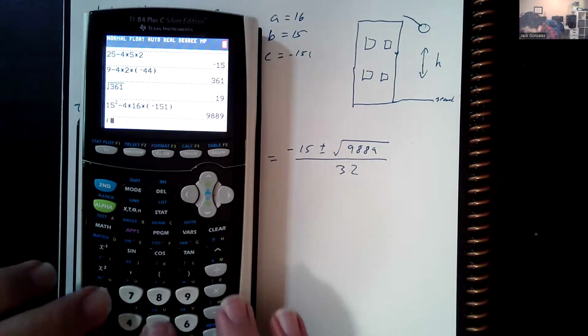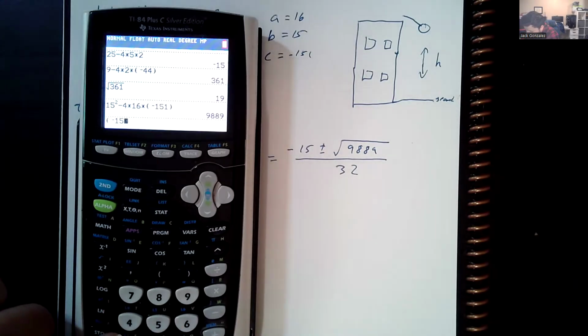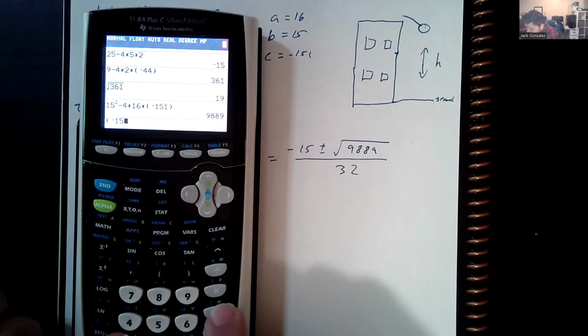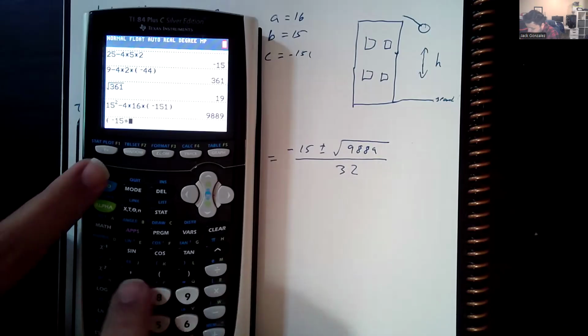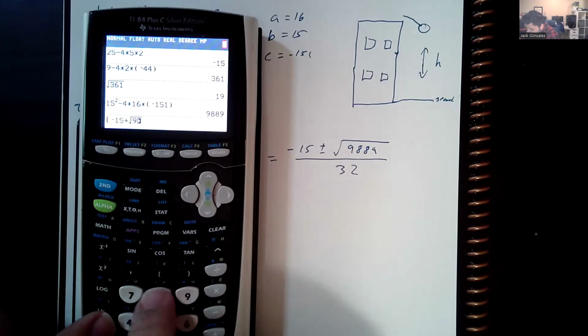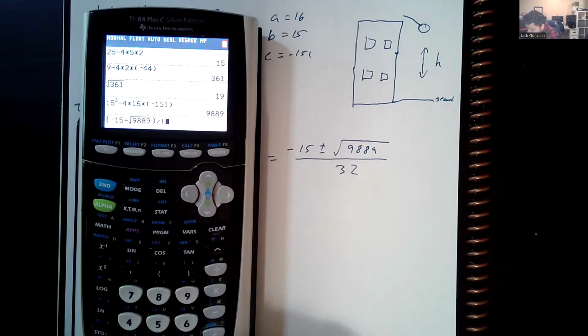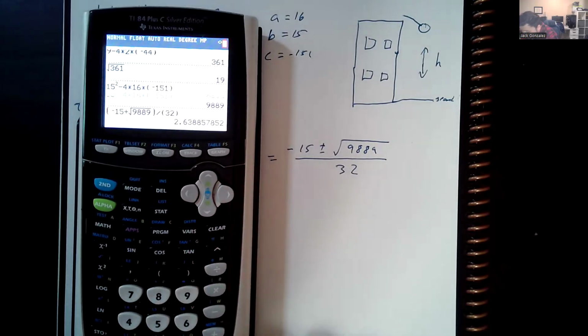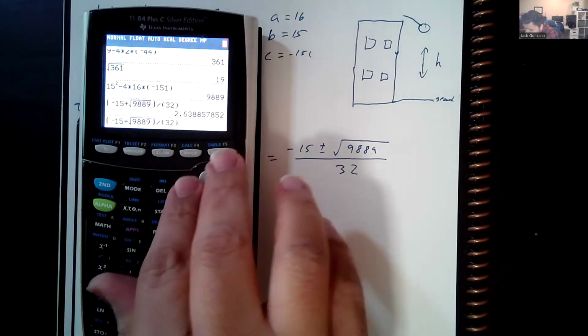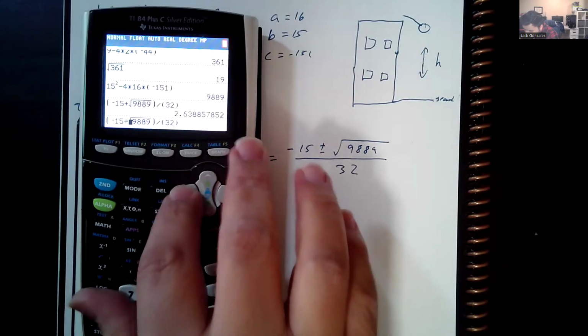That'll be negative 15, use the negative symbol, not the minus symbol, plus the square root of 9,889, divided by 32. And then do it again with the minus.